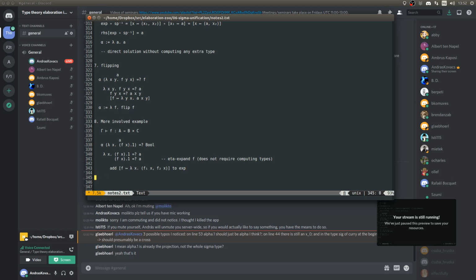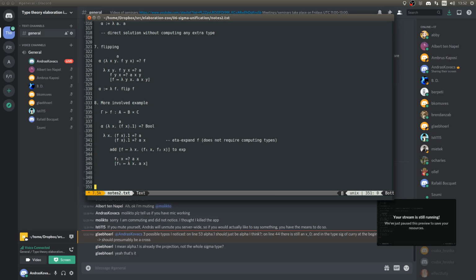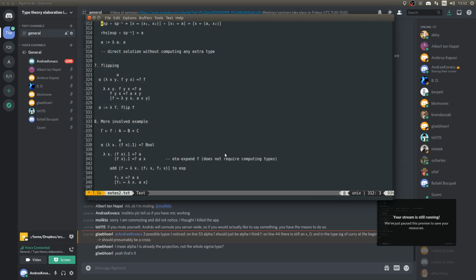So we are adding to x, and then the problem becomes f1 x a, and then sorry, here we also need to have an ax, and then f1 becomes lambda x ax. Okay, and now the result would be the composition of the expanding substitution and the partial inverse.